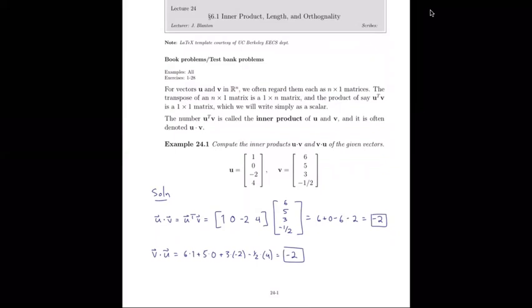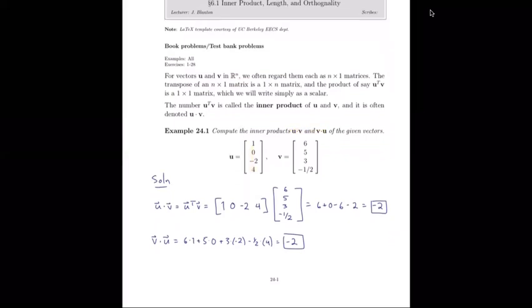So we're asked to compute u dot v and v dot u for the two given vectors u and v in this example. So u dot v, I'll write it down exactly as we've defined it. And I find that that's u transpose times v as matrix multiplication. So a 1×4 times a 4×1. So here's my 1 row, 4 column by 4 rows, 1 column.